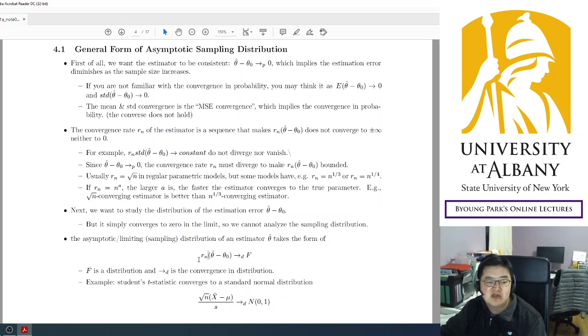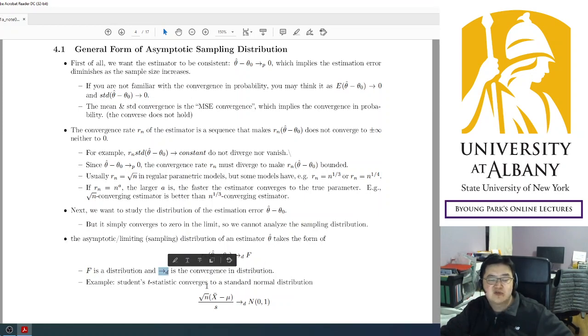That is denoted in this way. Convergence rate Rn times the estimation error converges in distribution to a distribution F. F is a distribution; you can think of normal distribution, chi-square, exponential, gamma distribution, whatever.